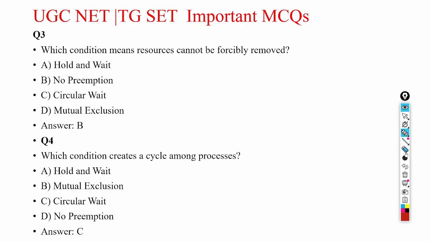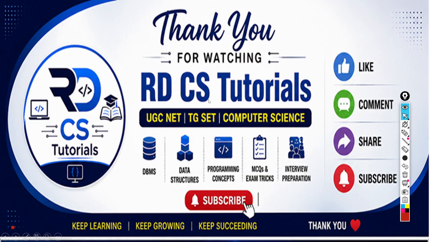In today's summary, what did we discuss? We discussed deadlock, the causes of deadlock, resource allocation graph, mutual exclusion, hold and wait, no preemption, circular wait, and four important UGC NET questions. In today's lecture, we learned the complete foundation of deadlock.